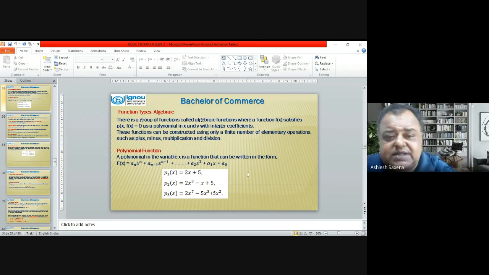These functions can be constructed using only a finite number of elementary operations, such as plus, minus, multiplication, and division. Initially, we will start with the polynomial function. A polynomial function is a function which can be written in the form f(x) = a_n x^n + a_(n-1) x^(n-1) and so on, up to a_1 x + a_0.